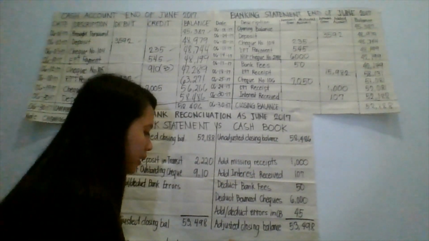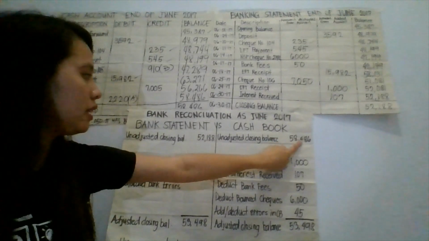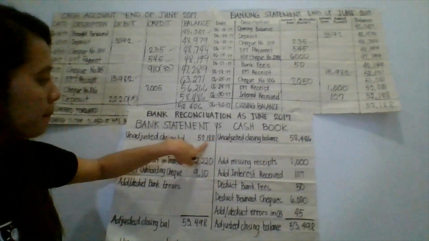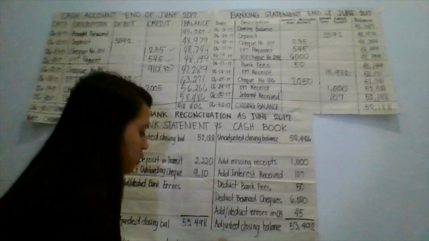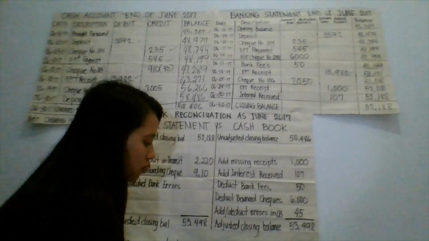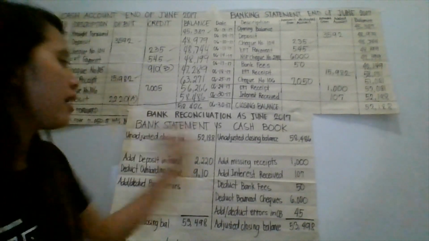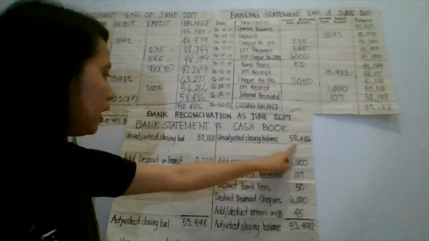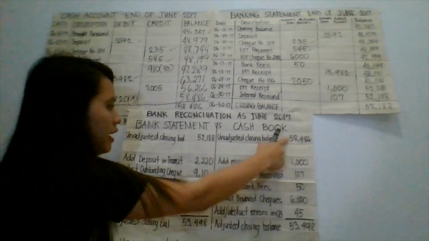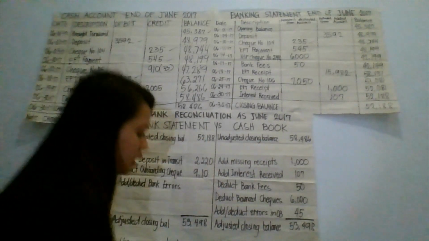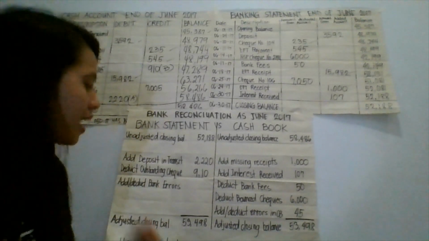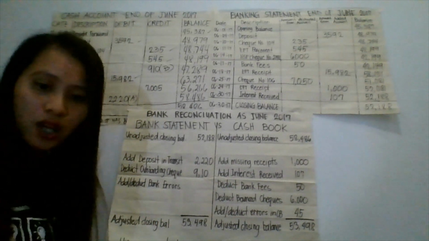So this will be 9. And this will be 4 minus 1, or 3 minus 1. That will be 2. This will be 2, 9, 8. And this will be 8 minus 2, which is 6. So 6,298 is the unreconciled amount.